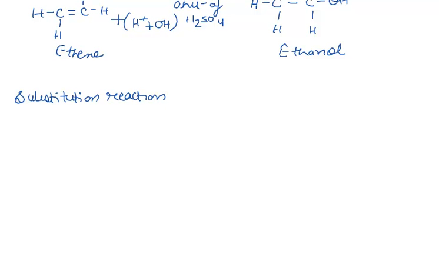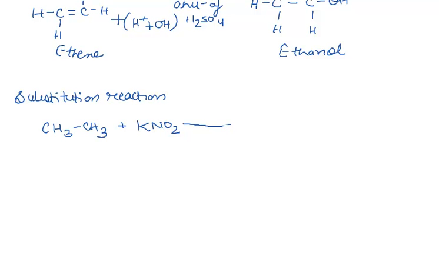See, substitution reactions are carried out very easily with alkyl halides. If we have to carry out with alkanes, a very high temperature is required. Say for example, if I am taking ethane, that is what? CH3CH3. This is what? Ethane, C2H6. If I have to substitute some other group here, like the nitro group, a high temperature is required.